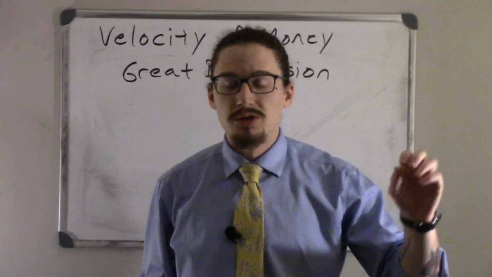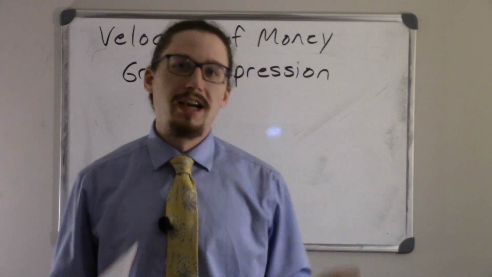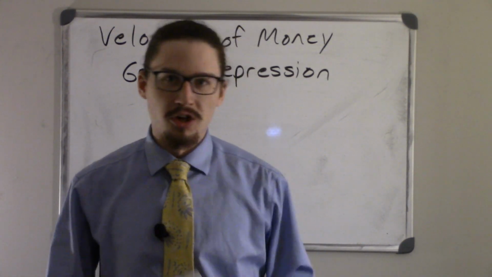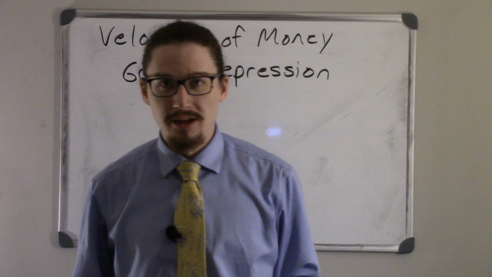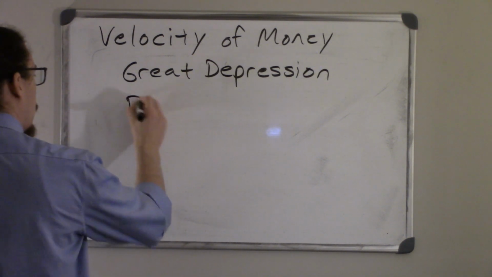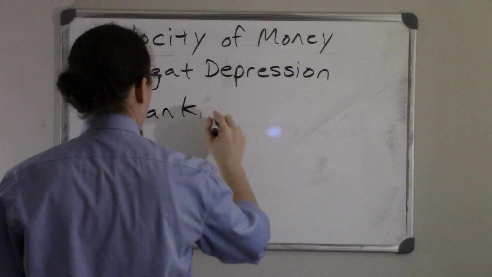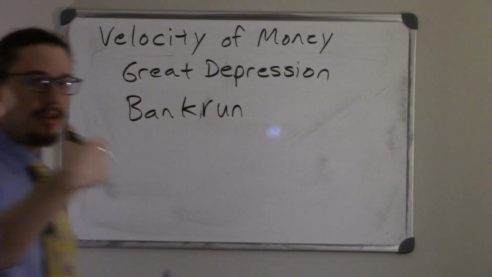And instead of allowing it to be in the bank, because they were afraid they were going to lose their money, they withdrew it, and then they did the classic hide it in the walls, hide it in the mattress, put it in a mason jar, seal it up, bury it in the backyard. All right, well, if your money is buried in the backyard, then it's not going to be circulating in the economy.